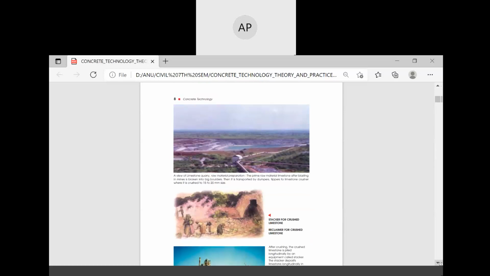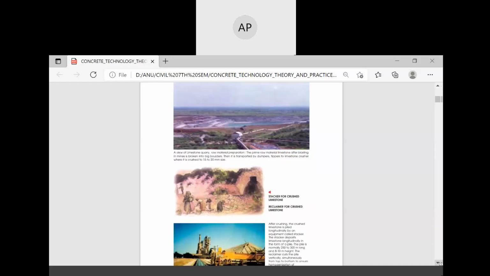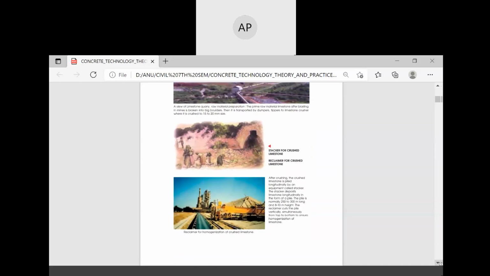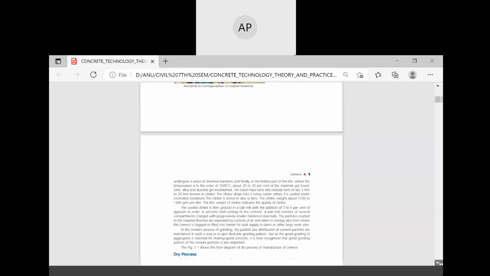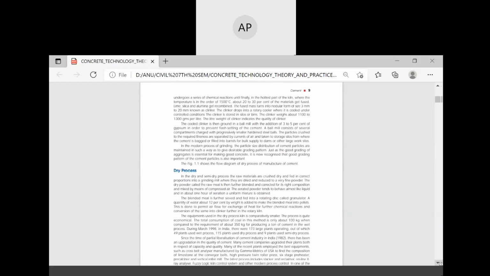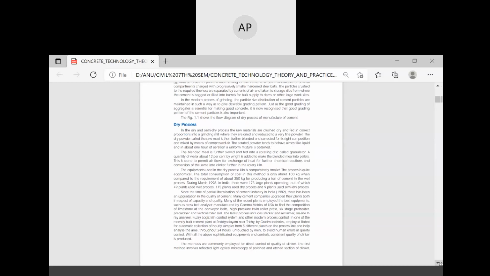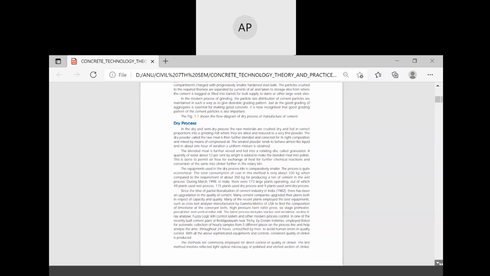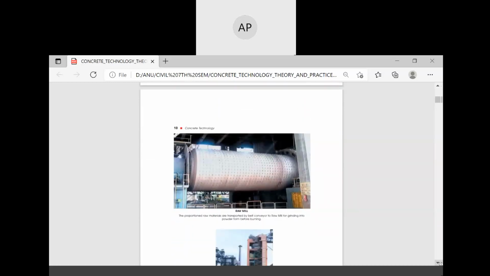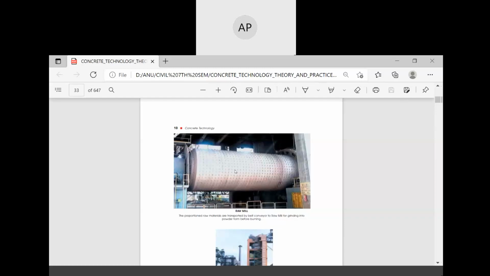In this figure, you can see a limestone quarry, raw material preparation, prime raw material, and the dry process. Water is not added in the dry process. This is the raw mill where materials are mixed.